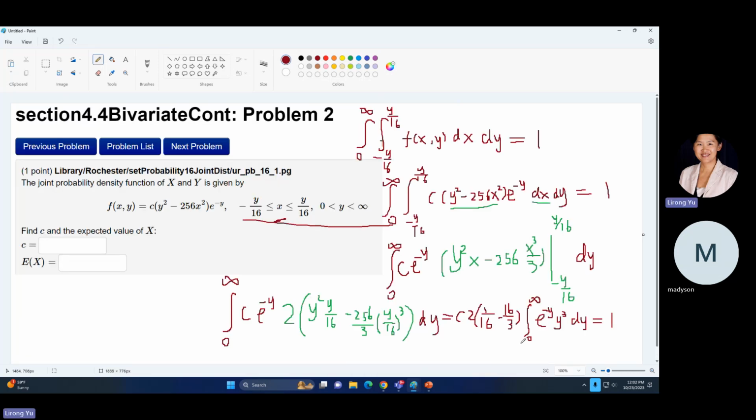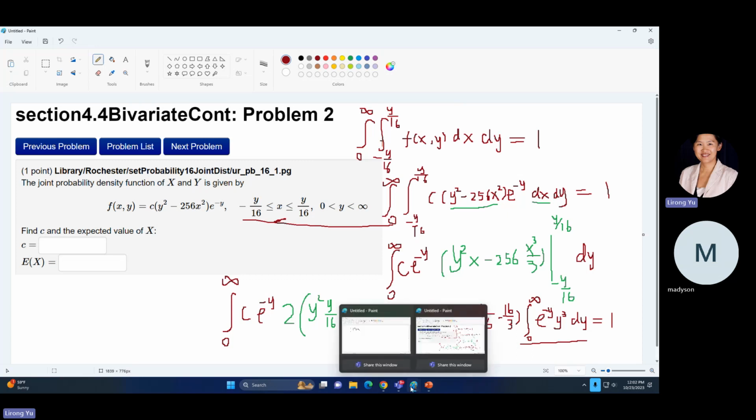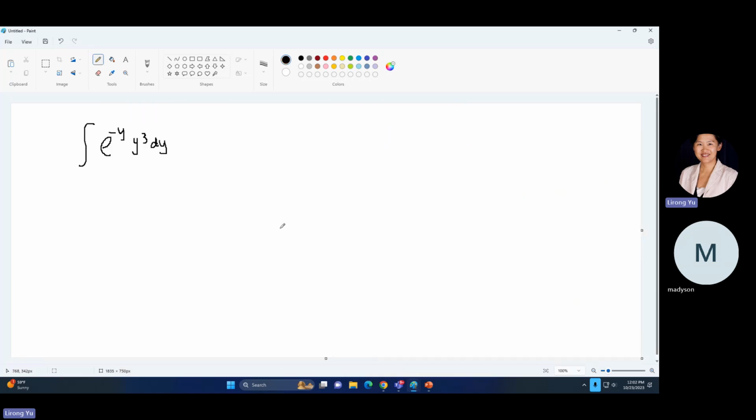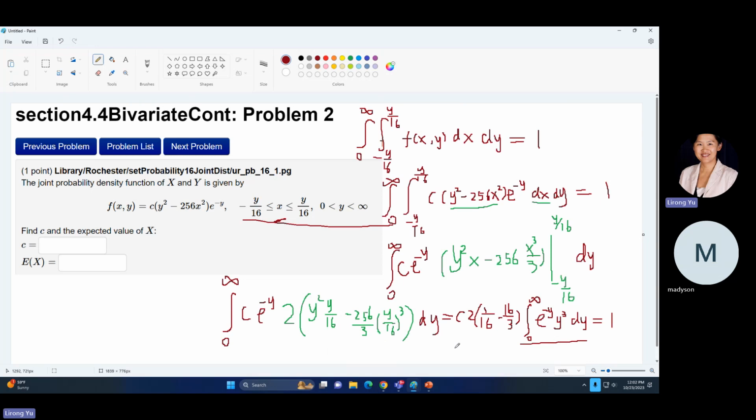Yeah, this part. We just need to know what that number is. This is just a number. C is 1 over whatever this number is. So then we finish calculating the C. The rest can be done by a calculator. All we have to do is figure out this one. I hope I did copy it over correctly.